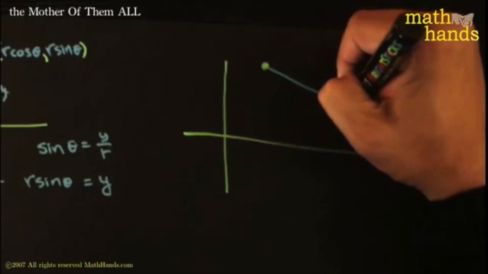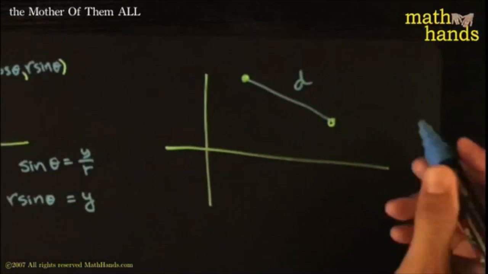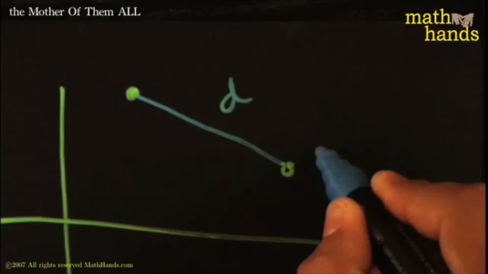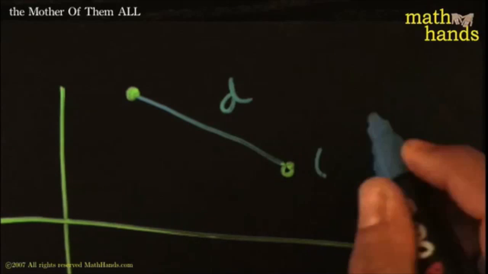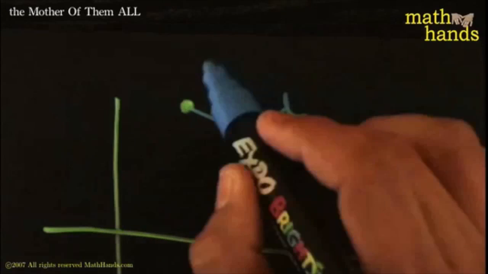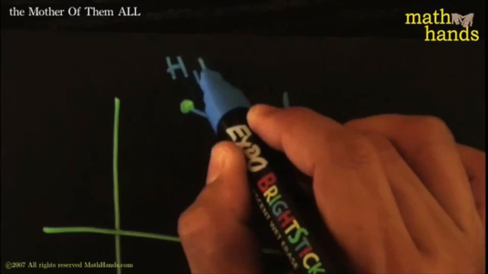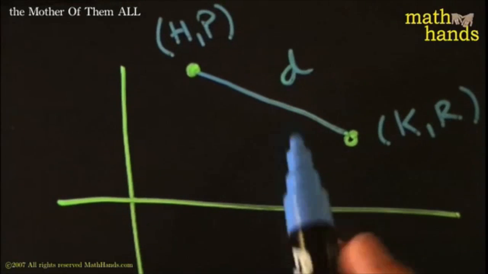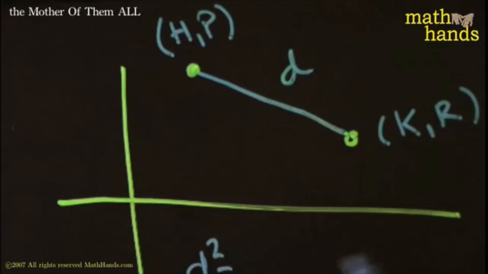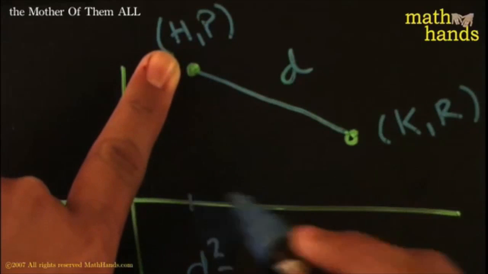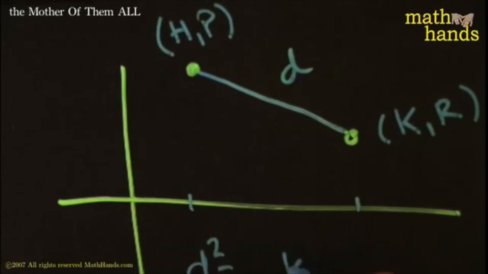So if this distance is d, and if this point is, let's say, K, R, and I'll call this one H, P, doesn't matter. Then you should all know that the square of the distance is given by, you look at the x values, your x values, K and H. So you do something like this, K minus H squared.